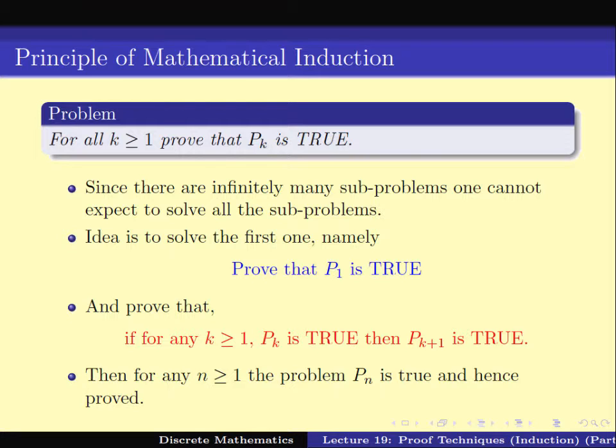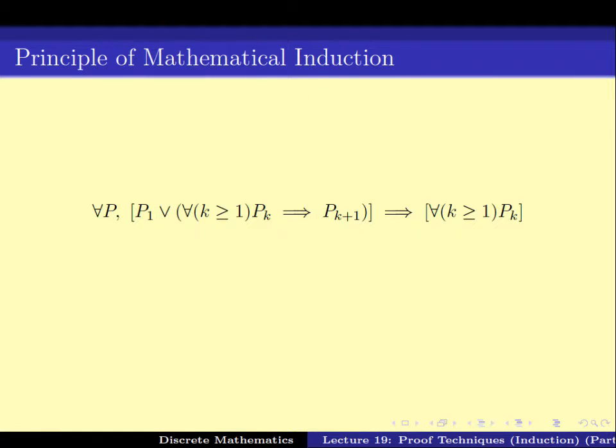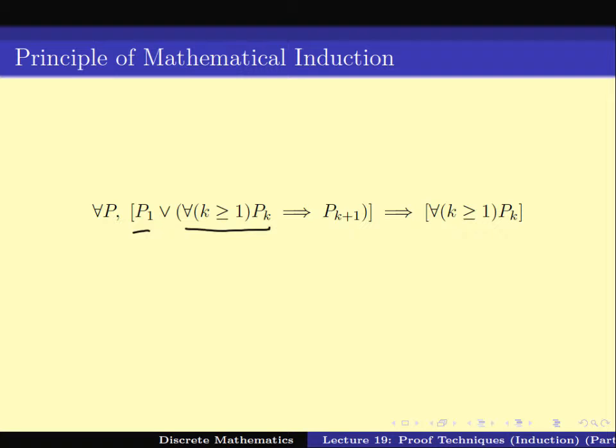Unfortunately, this proof technique doesn't follow from the usual rules of propositional logic. We need a particular axiom for it, which says that this proof technique is actually correct. We call this one the principle of mathematical induction, and this is what it says: if you can show P1 is true, and then for all k, if you can show Pk is true implies Pk plus 1 is true, then you end up proving that Pk is true for all k greater than or equal to 1.